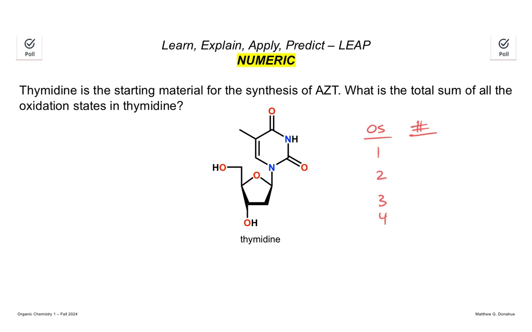So for each one, we're going to list how many there were and then add that number together. So for oxidation state 1, we said there was 4, then 1, 1, and 1. And so the intent was that you multiply that.